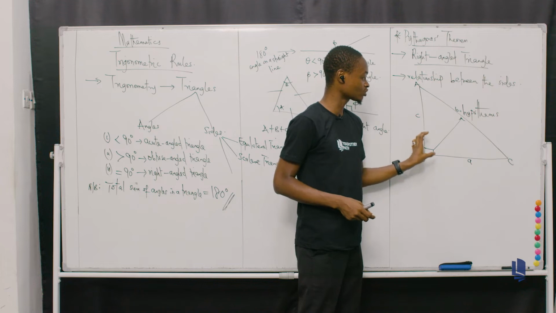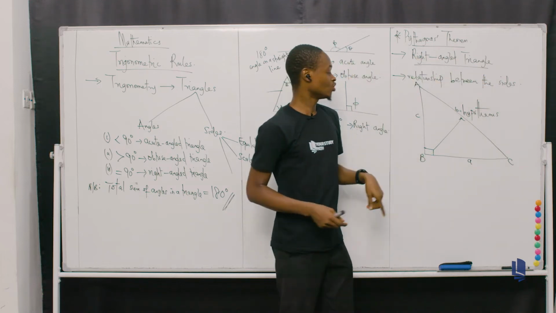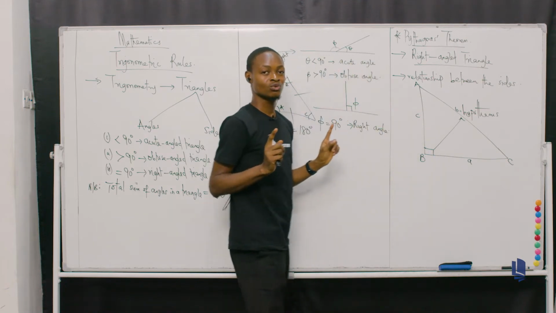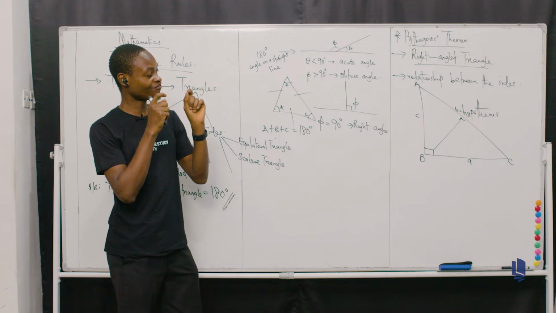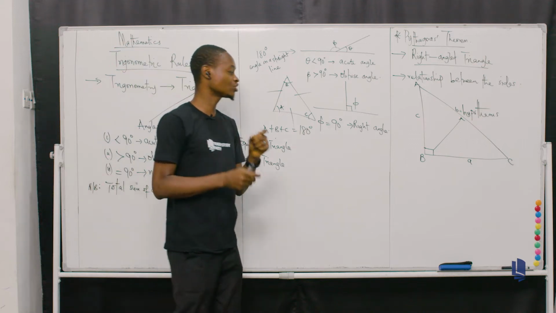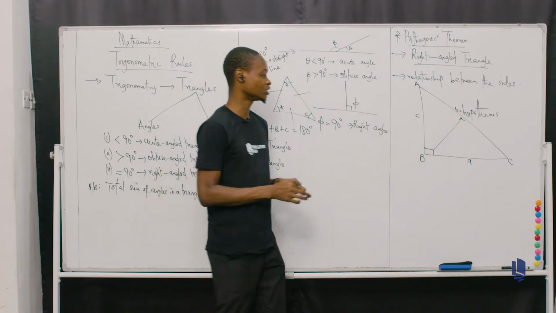Now, Pythagoras' theorem states that the square of this hypotenuse is always equal to the sum of the squares of the other two sides. Which means once you can find the hypotenuse, the square of that hypotenuse is always equal to the sum of the squares of the other two sides. What does this mean?